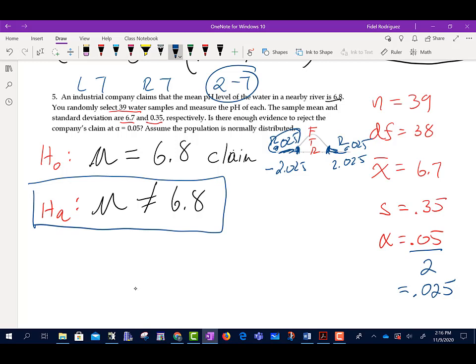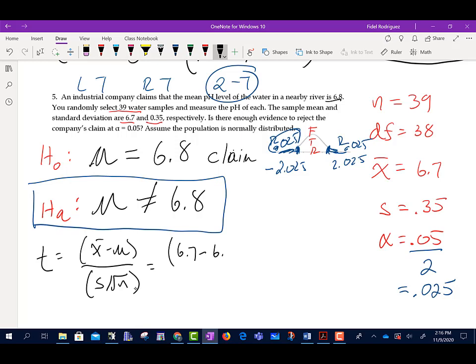The next thing we're going to do is find our test statistic. The way we're going to do that is x bar minus mu divided by s over the square root of n. So my x bar in this case is 6.7 minus 6.8. s is 0.35 divided by the square root of n, which was 39.